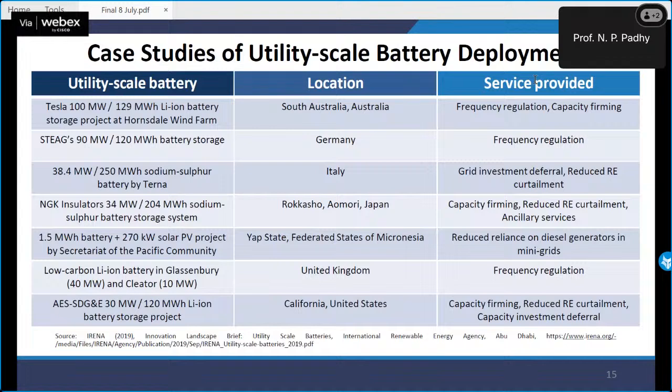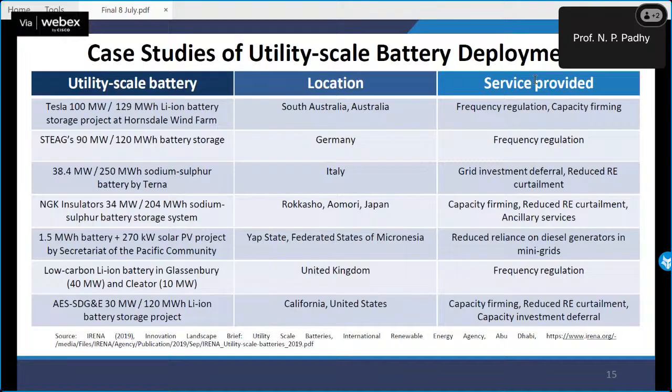Okay. So here again, once again, before I go to the next one, 30 megawatt, 120 megawatt hour. So that means we have 120 megawatt hour capacity. Means hour one, it is 30 megawatt. Hour two, it is another 30. Hour three, another 30, and hour four, another 30.